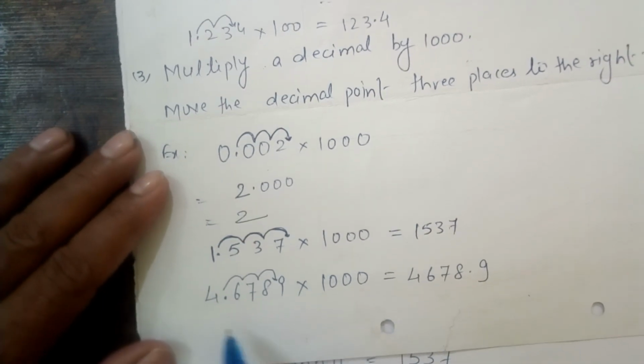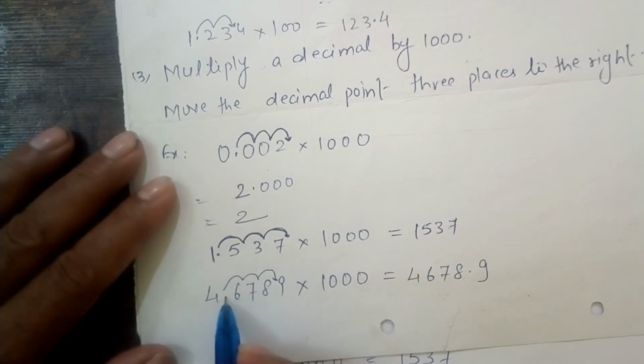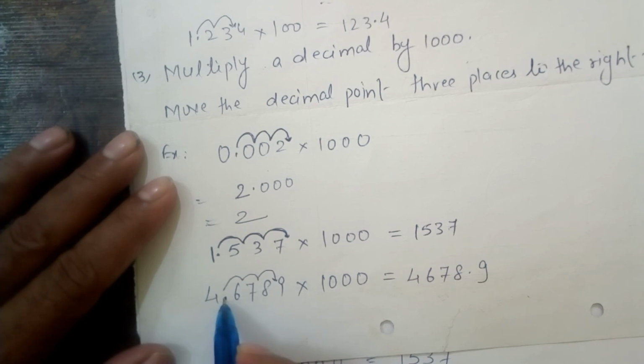Your next question is 4.6789 into 1000. In 1000, the number of 0s is 3, so we will move the decimal point 3 places to the right. How? Look here. This is the position of the decimal point in the question.